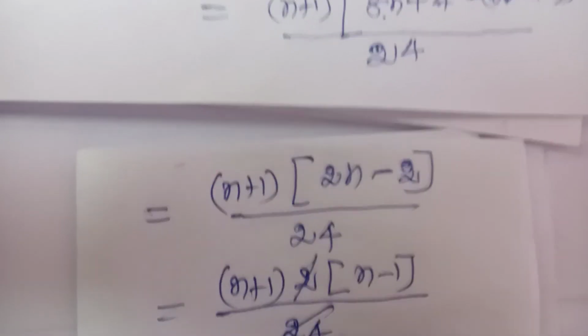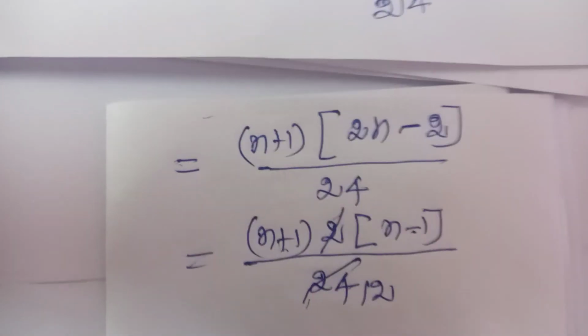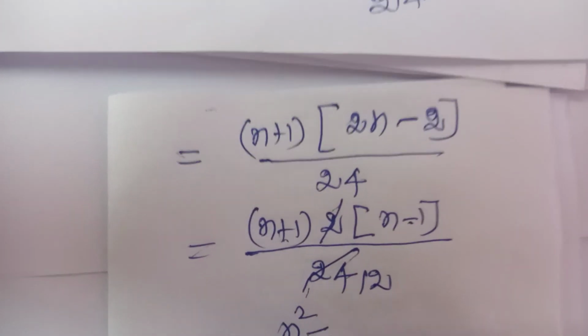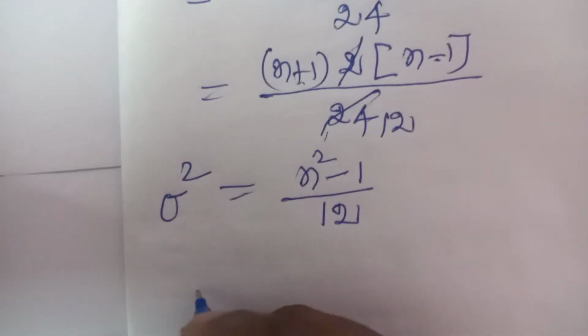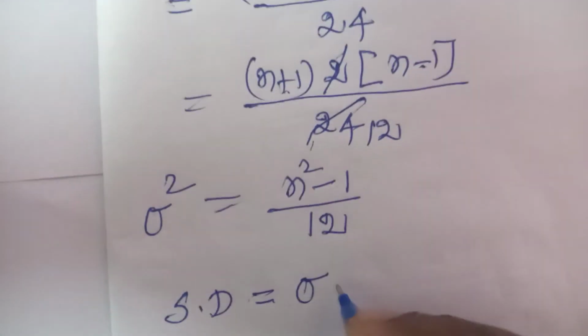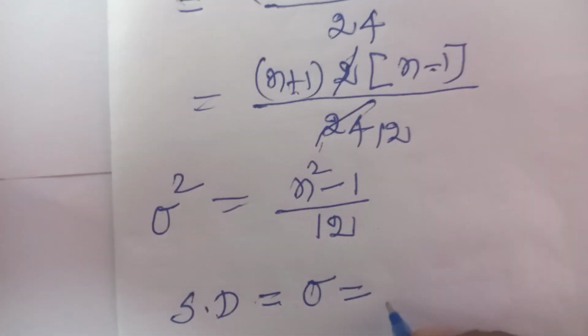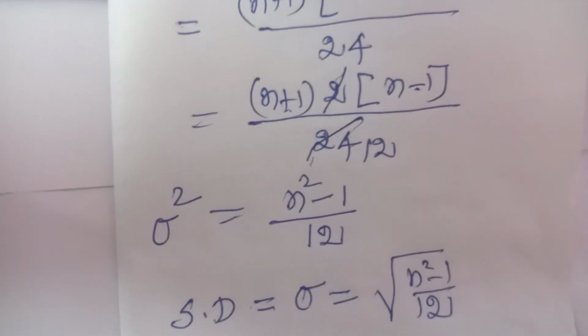Now we can divide by 12: (n plus 1)(n minus 1) is a plus b, a minus b, so n square minus 1 square, divided by 12, which is the variance sigma square. If they ask for the standard deviation, that means taking the square root: sigma is equal to the square root of (n square minus 1) divided by 12.